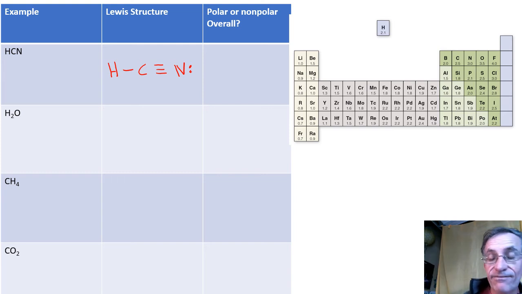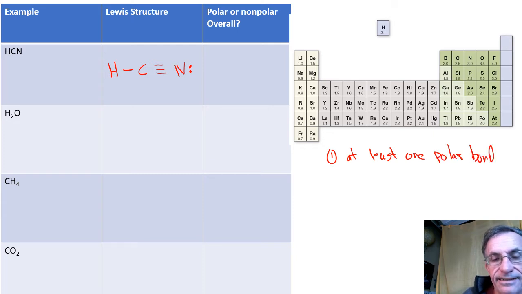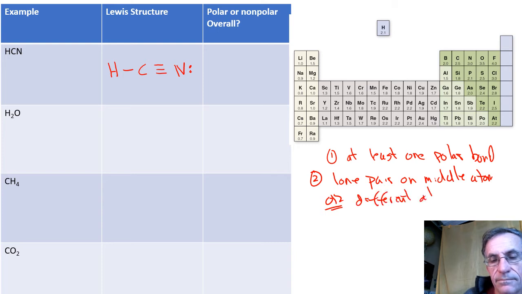If we want to see if this molecule is polar, you need to find at least one polar bond, and you need to find a lone pair on the middle atom, or different atoms attached to the middle atom. All right, let's start off with our first example here.